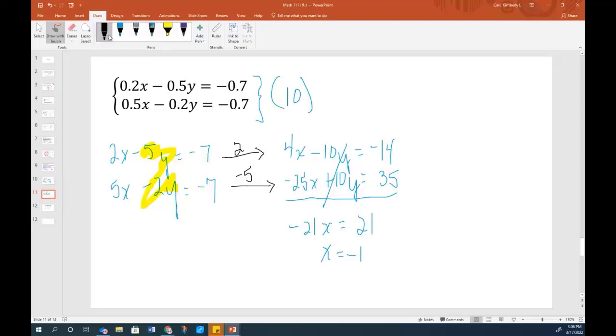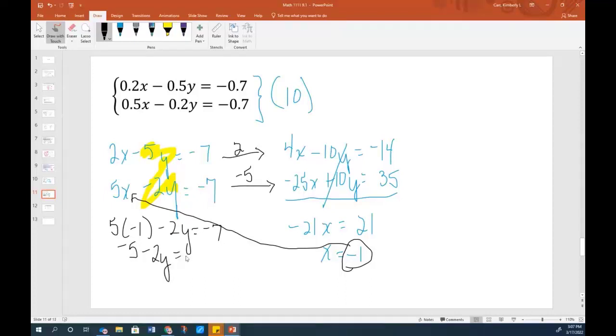And again, just like our other times, you can take what x equals, take it back to either one of these equations, and plug that in for x. So that'll become 5 times -1 minus 2y equals -7. Then this is -5 minus 2y equals -7.